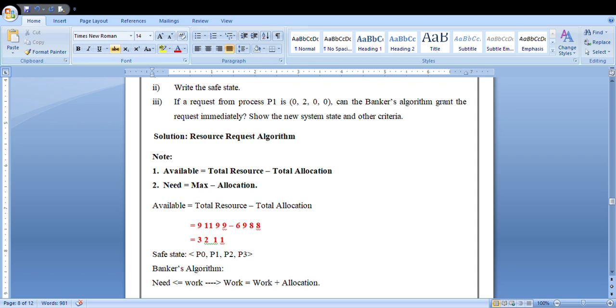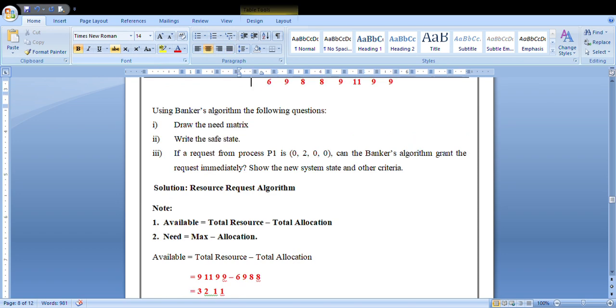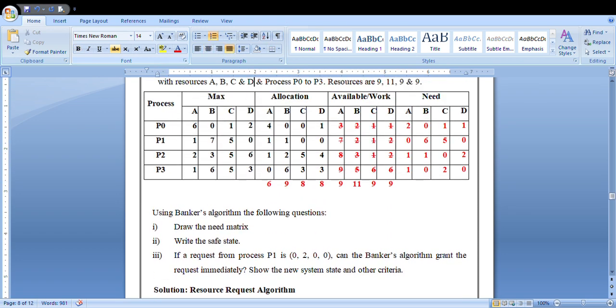Before solving the problem, the banker's algorithm has to verify that it can grant the request immediately. For that, first you have to check the requested resources, 0 2 0 0. Check this against the initial available value of the resources.